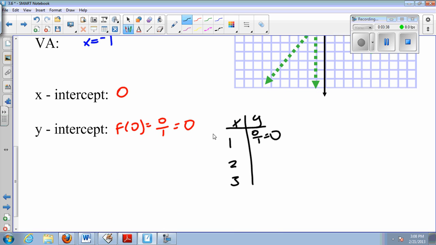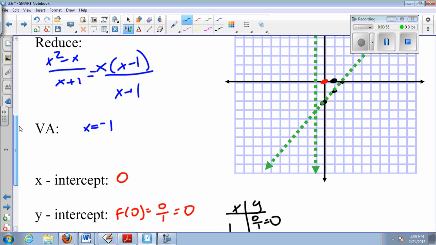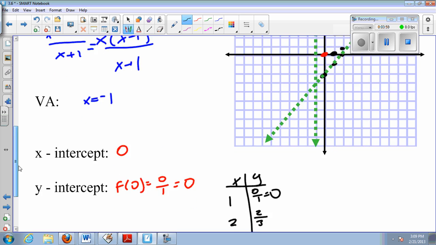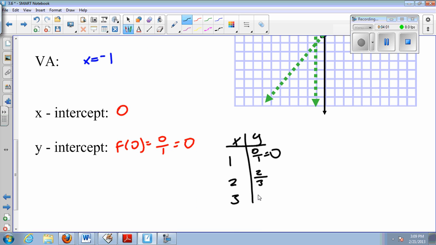If we go 2, we go 4 minus 2, so that's 2 over 3. So our next one is 2/3. Up next we have 3, so it will go to 6 over 4, which is 1.5.